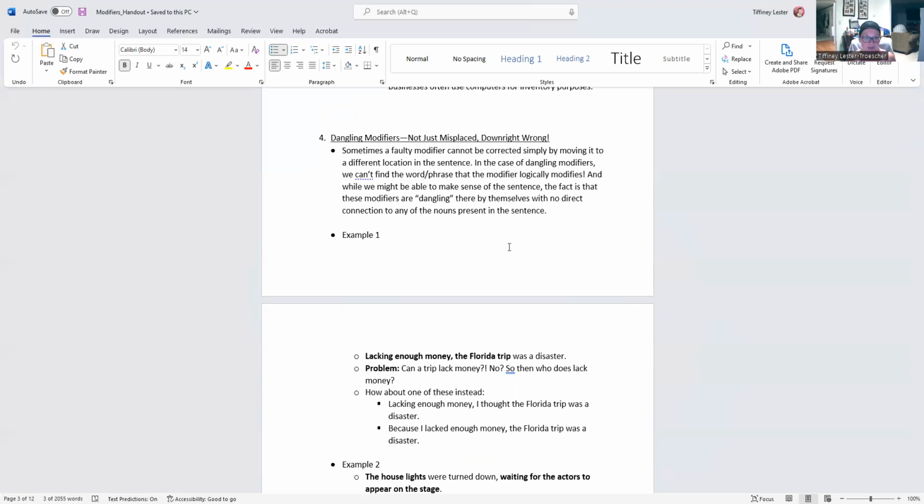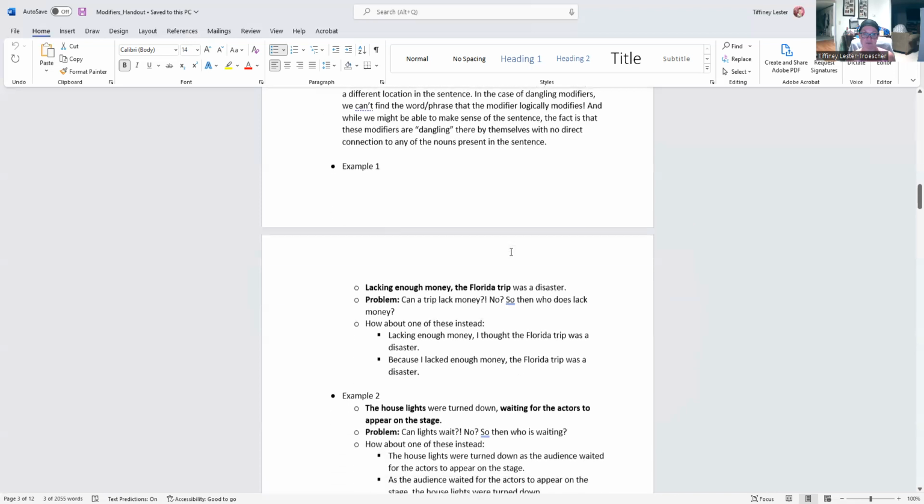But a dangling modifier, we can't even find the word or phrase that it modifies. Our brain will connect the dots and the sentence will most likely be understood, but grammatically speaking, it's not correct because the modifier is just dangling out there because the noun it's supposed to modify got left out of the sentence.